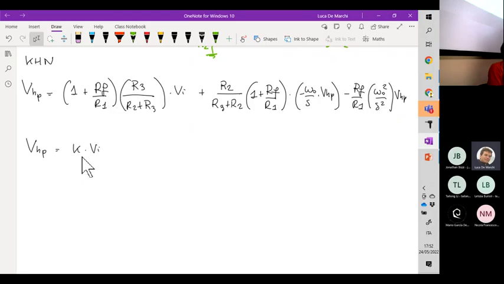So VHP should be K times VI plus 1 over Q times minus omega null over S VHP plus minus omega null squared over S squared times VHP.